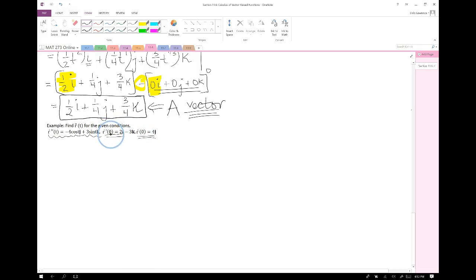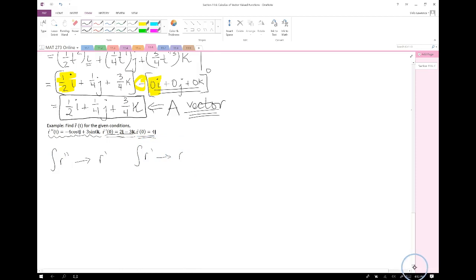We know what r prime of 0 is, and we know what r of 0 is. So this is going to help us along the way to solve for those arbitrary constants. If we take the antiderivative of r double prime, it will give us r prime. If we take the antiderivative of r prime, it will give us r.